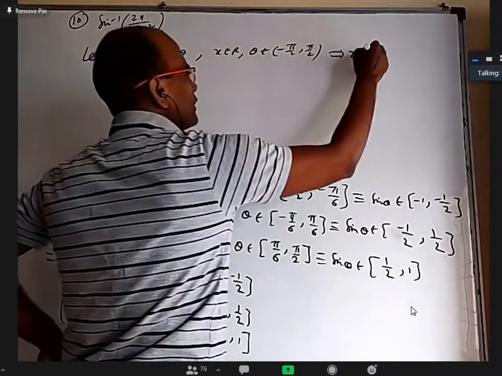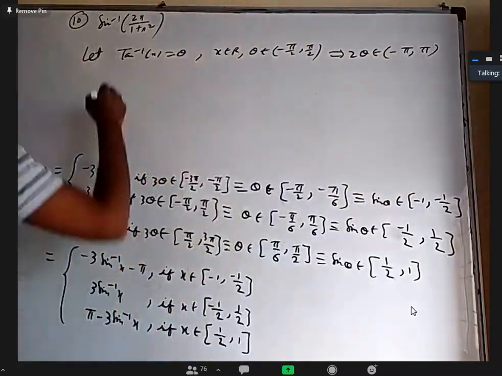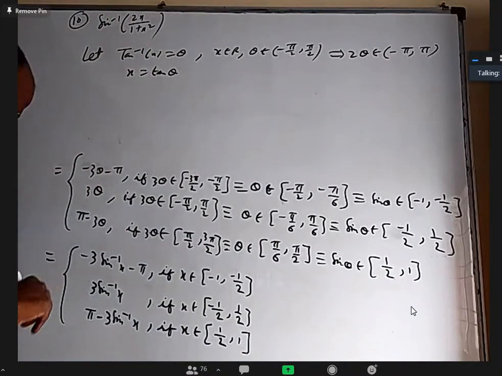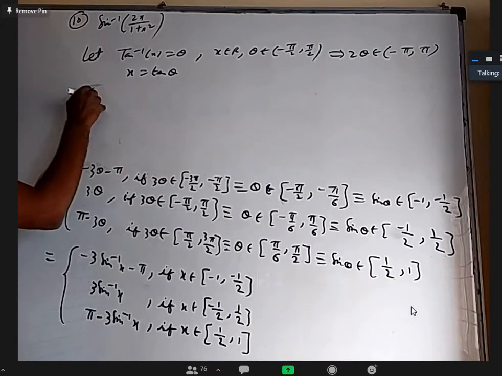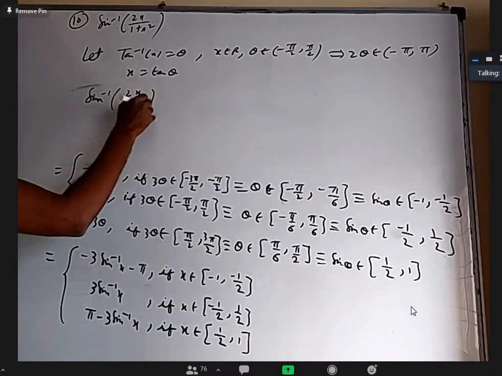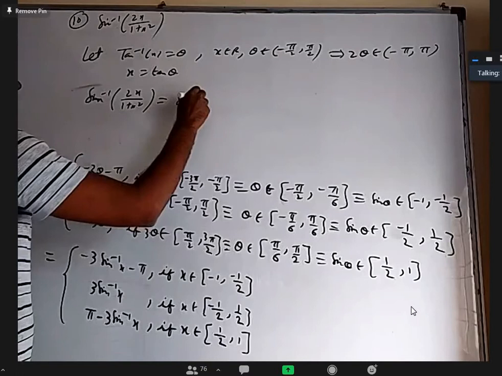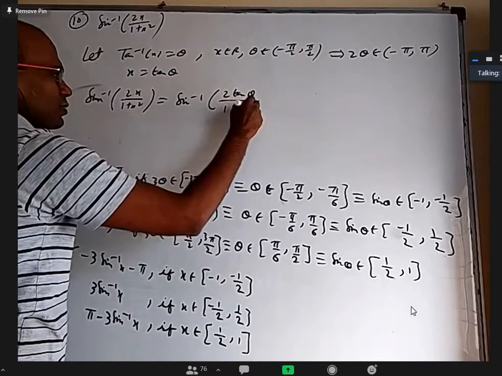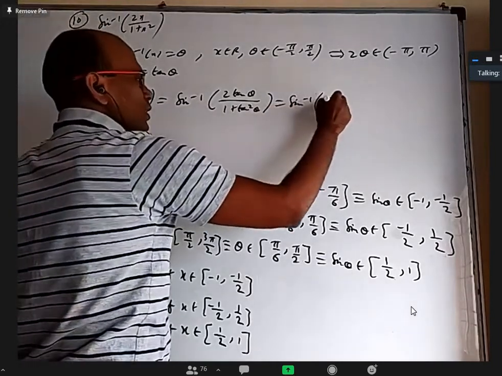Later on we will need this. 2 theta belongs to minus pi to pi. So here I'll get x equal to tan theta, and sin inverse 2x by 1 plus x square is sin inverse 2 tan theta by 1 plus tan square theta, which is sin inverse sin 2 theta.